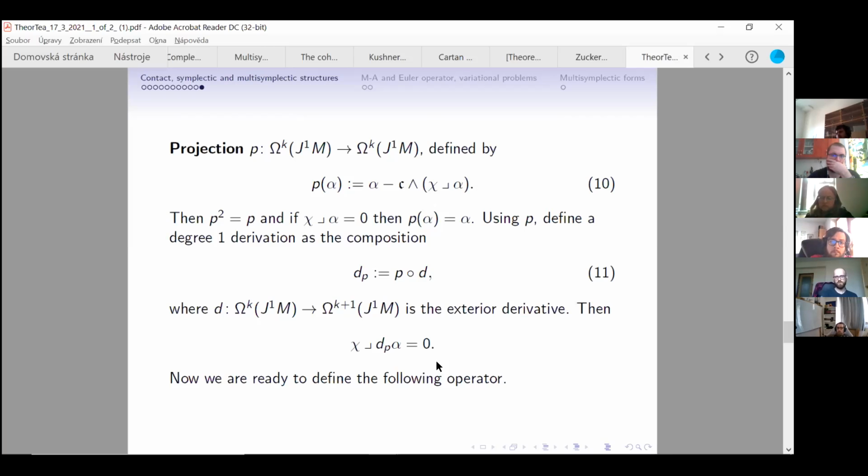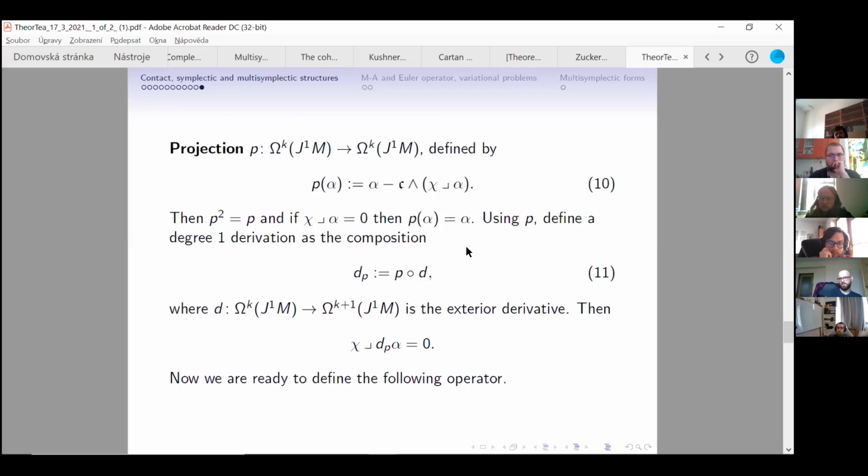So this projection is very important for us. It's defined by 10. It's a projection in the standard sense, so p squared equals p. And whenever I have a form which already is degenerate alongside, then p leaves it as it is.